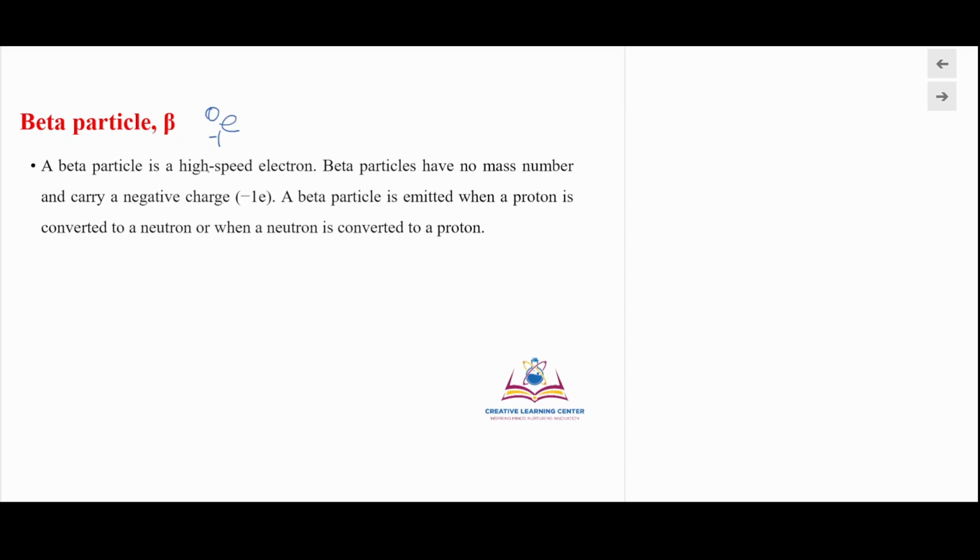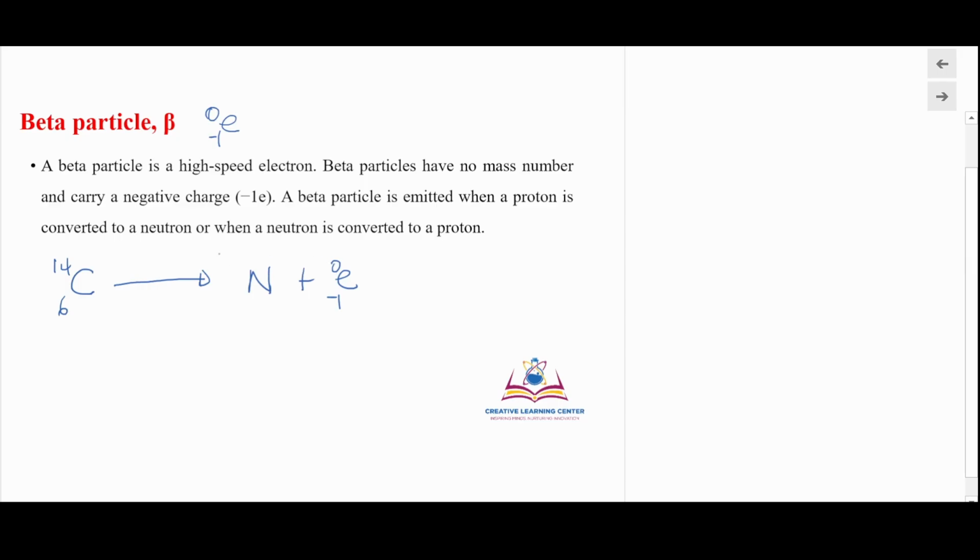Take an example. If I have carbon, in this case carbon-14, 14 and 6. This carbon decays by emission of a beta particle. If it emits a beta particle, it gives me nitrogen plus a beta particle, which is e 0 negative 1, meaning that we have lost a beta particle.